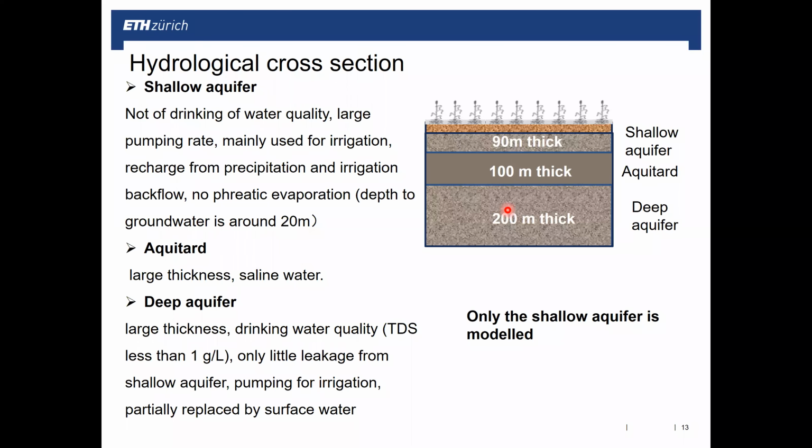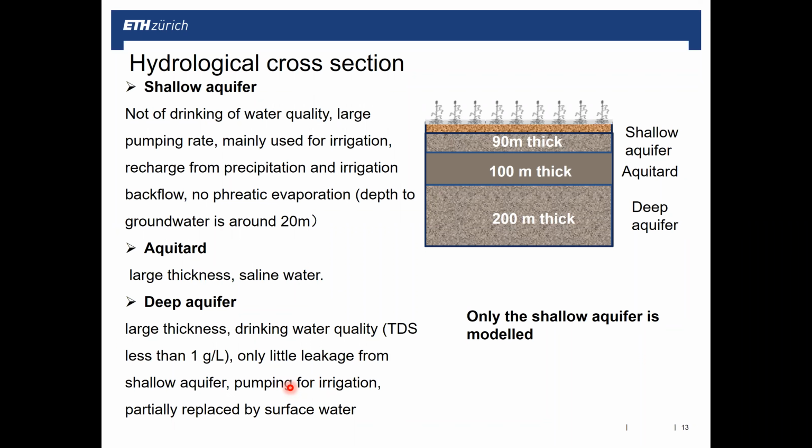So based on this and other analysis from the hydrogeological report, we think that there's only lateral leakage from the shallow aquifer. And in the area where the shallow groundwater is much more saline and cannot be used for irrigation, we still pump groundwater from the deep aquifer for irrigation.